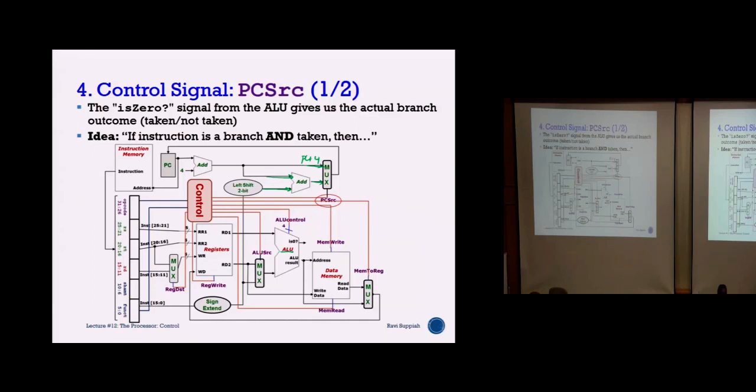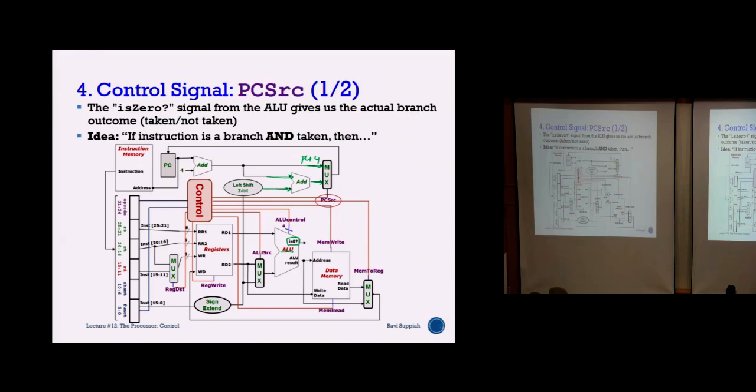That is from the zero pin over here. This pin basically does a subtraction between the two numbers to say whether it is a match or no match. So even though the control unit can tell me it's a branch instruction, only the ALU can tell me the outcome of the comparison, whether I'm supposed to take the branch or not.